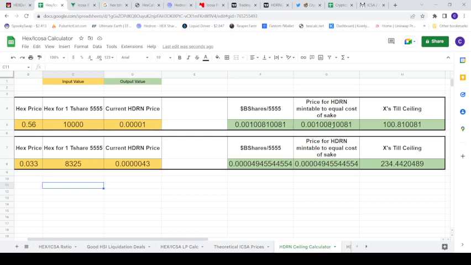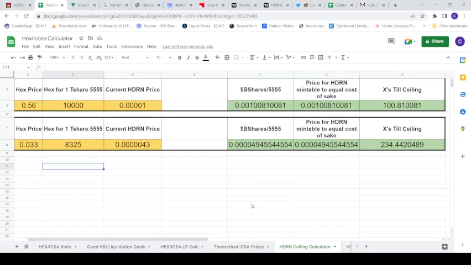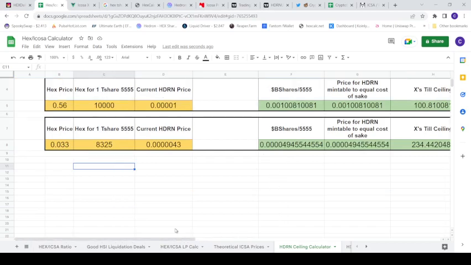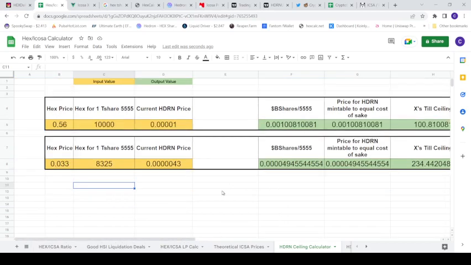So 2 zeros and a 1, that's basically 10% of a penny, which is kind of like, I can't even imagine a Hedron price that high. I think we'd all be pretty well off at that point.